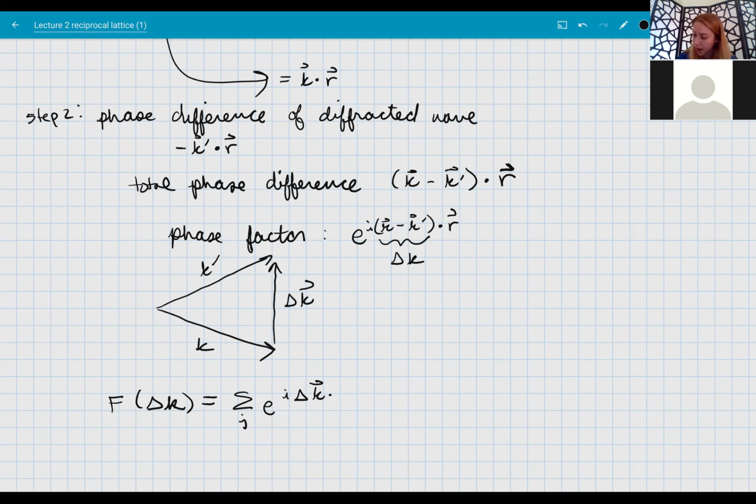Let me actually write that as a capital R, where R is equal to u1a1 plus u2a2 plus u3a3.